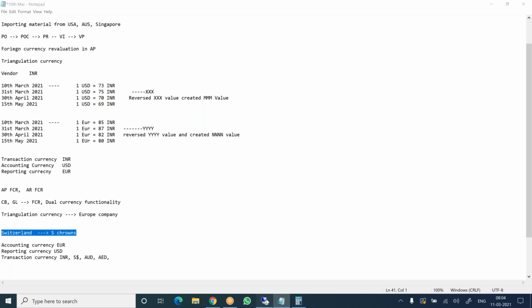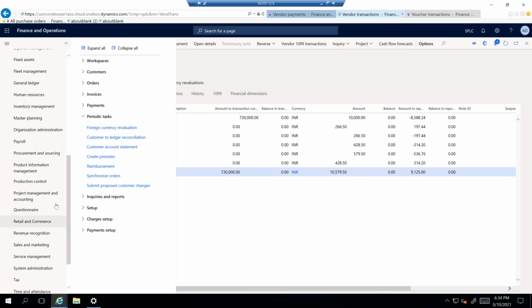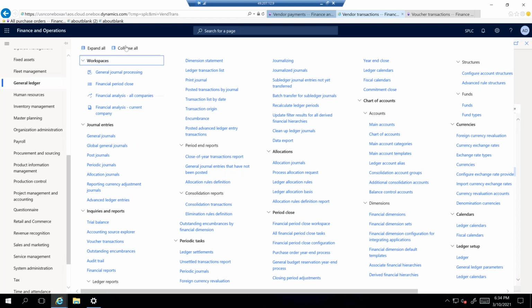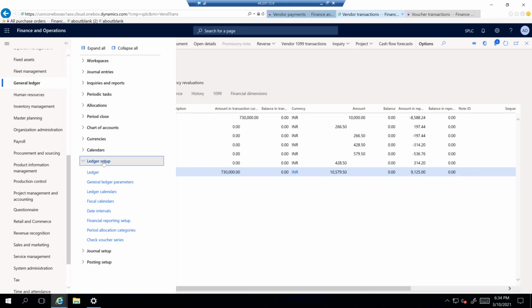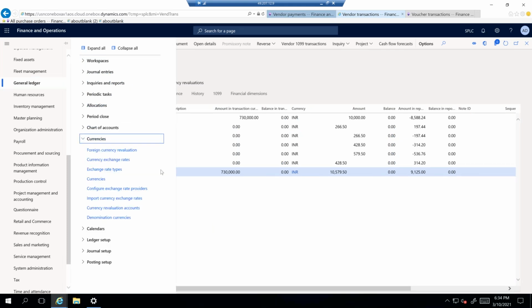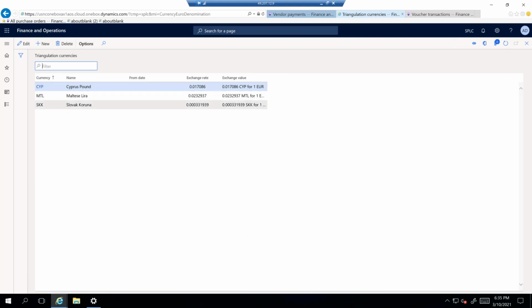Then in the system we have general ledger, currencies, denomination currencies. In this, they can enter euro versus whatever their currency exchange rate. 1 euro equal to 0.01703 Cyprus pound.